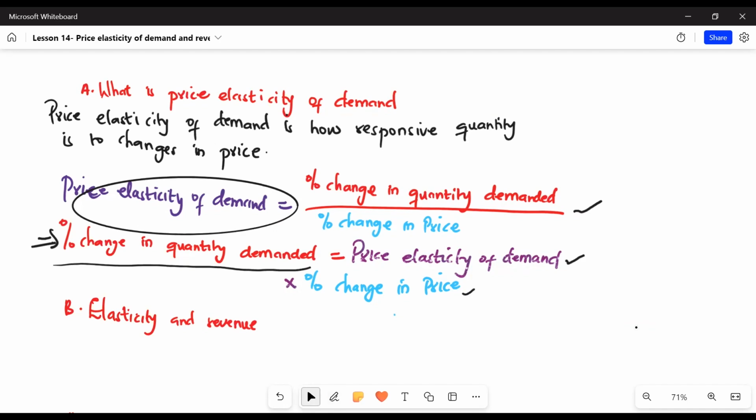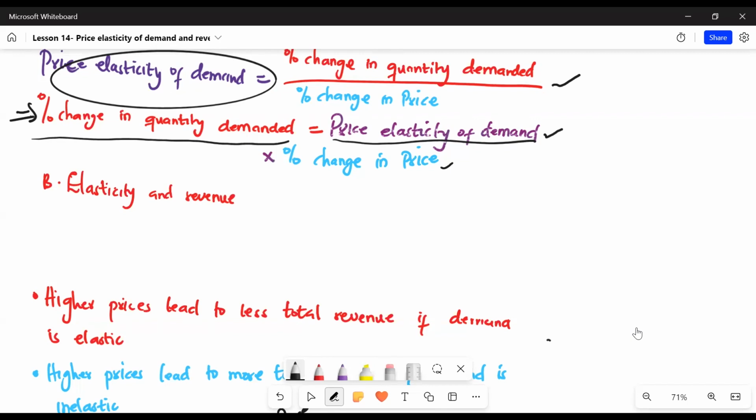So a firm can decide to increase or decrease price depending on how elastic the demand curve is to affect the quantity demanded. So let's see how price elasticity of demand relates with the revenue of firms.